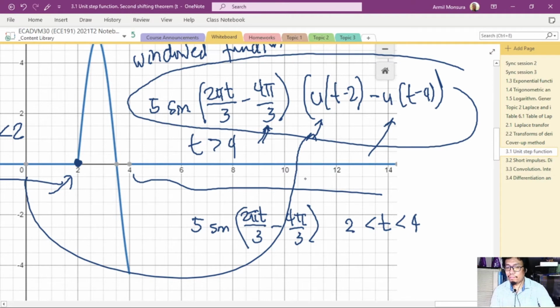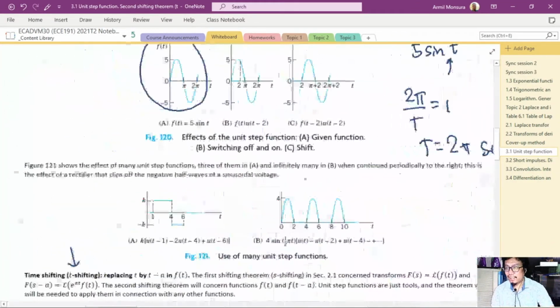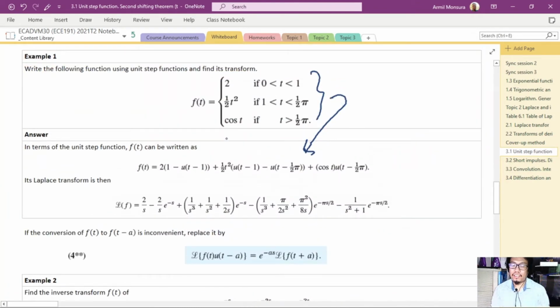So extrapolating on that knowledge, you should be able to verify that this function is written in this manner when you use step functions.